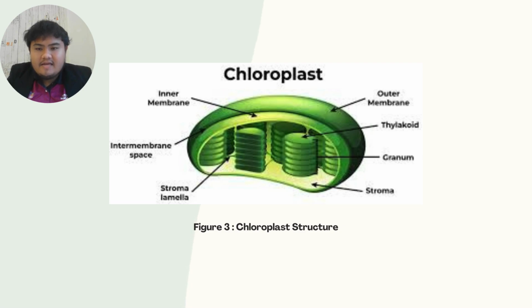The thylakoids are often stacked into structures called grana, singular granum, which increases the surface area for light absorption. Within each thylakoid, there is an internal space called the lumen. This space is crucial for the proton gradient that drives ATP production.